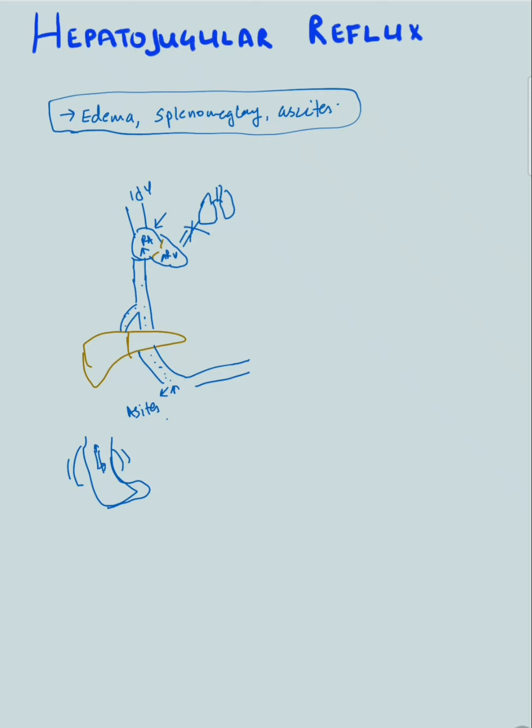So this is the spleen. The pressure will also back up here, and that will result in splenomegaly. So this was the reason for these findings in a patient with heart failure.